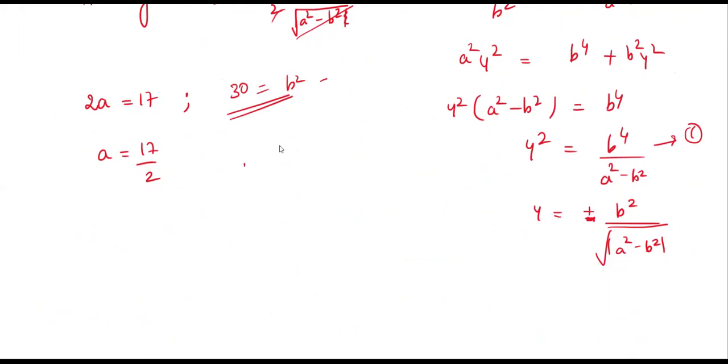So F1F2 is 2 times c. Now we know c is the square root of a square minus b square. In place of a, I will put 17 by 2. So 289 by 4 minus 30. We have to simplify this.